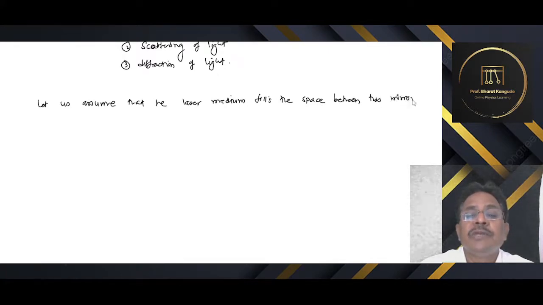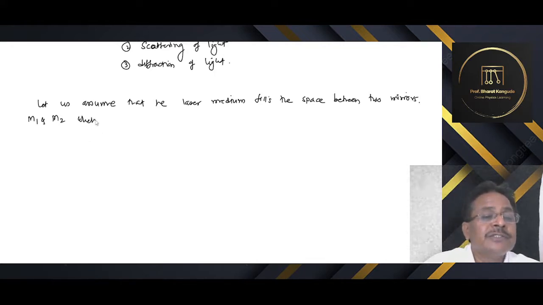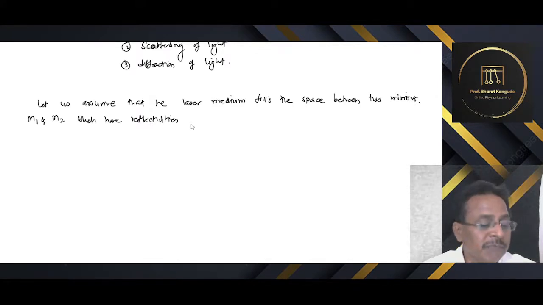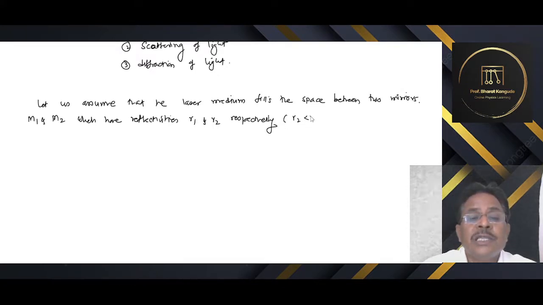All the space between the two mirrors is filled by this active medium or laser medium. Mirrors M1 and M2 have reflectivities, or reflection probabilities, R1 and R2 respectively.